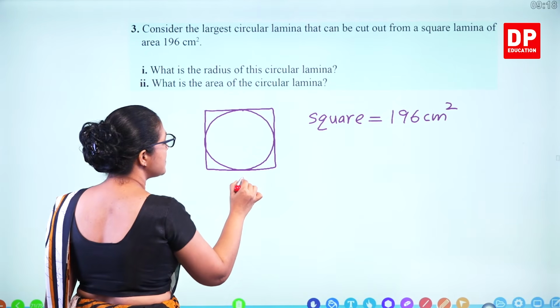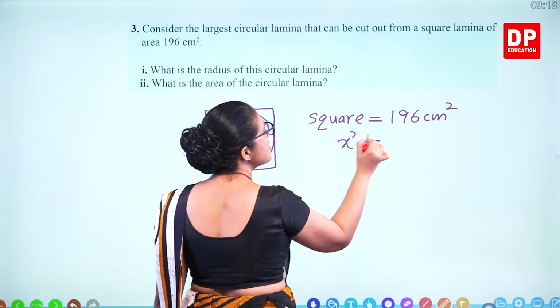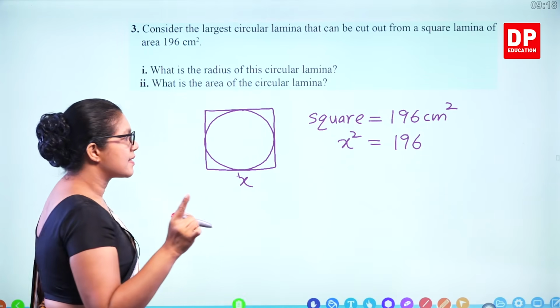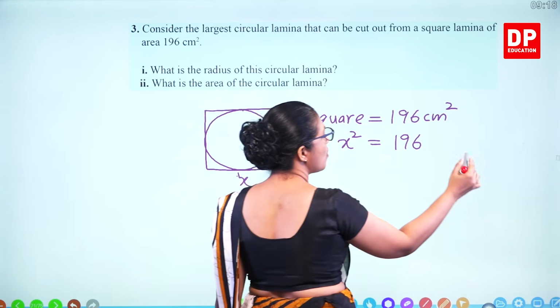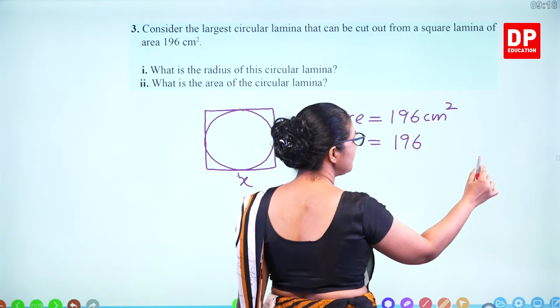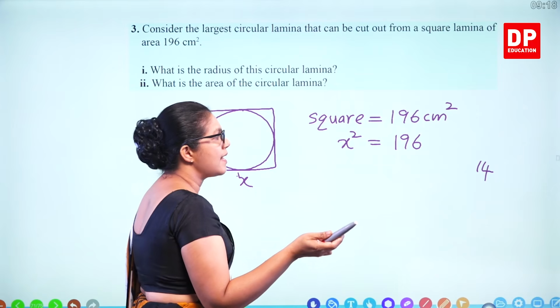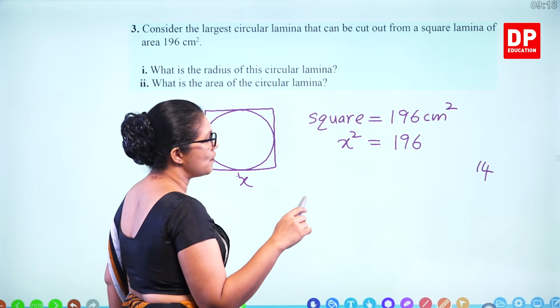If side length is x, x squared is equal to 196. What's x? Just see, this should be less than 225. So this should be 14 because it is less than 15. Square root of 225 is 15.